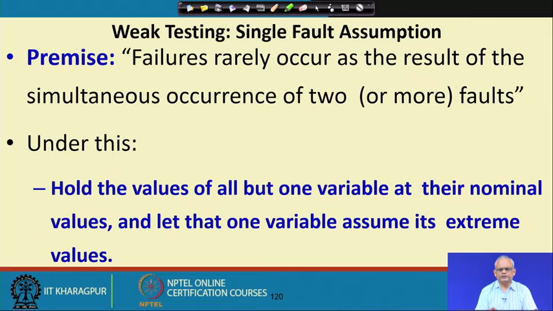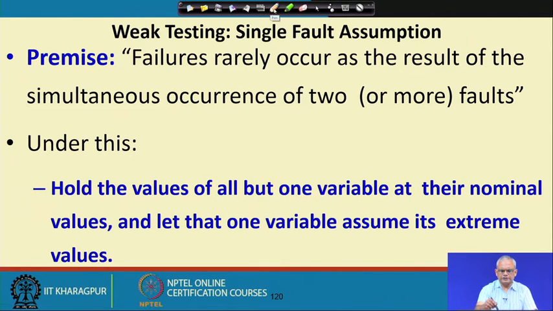If that is the assumption, then weak testing is all right, because for every representative of one parameter, we combine with the representative for the other parameter.